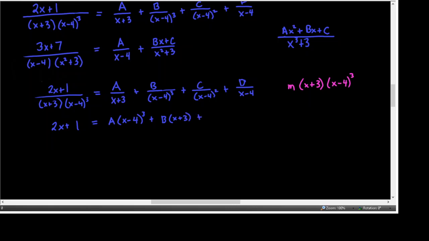And the next one, I'll multiply, 2 of the x minus 4's will cancel, leaving the x plus 3 times a single x minus 4. And for the last one, a single x minus 4 will cancel, leaving d times x plus 3 times x minus 4 squared.